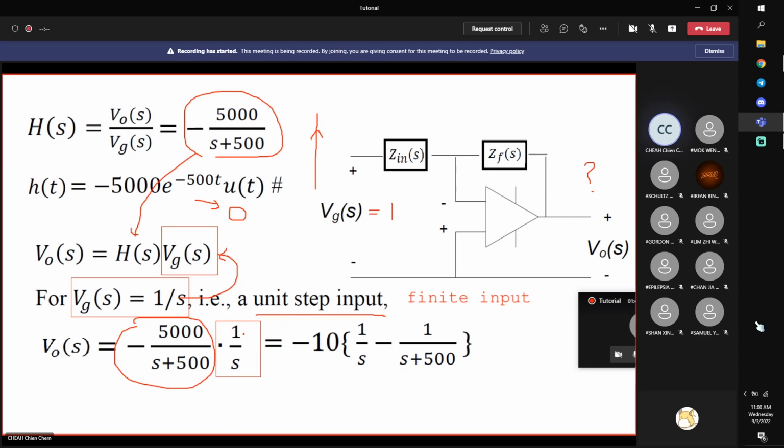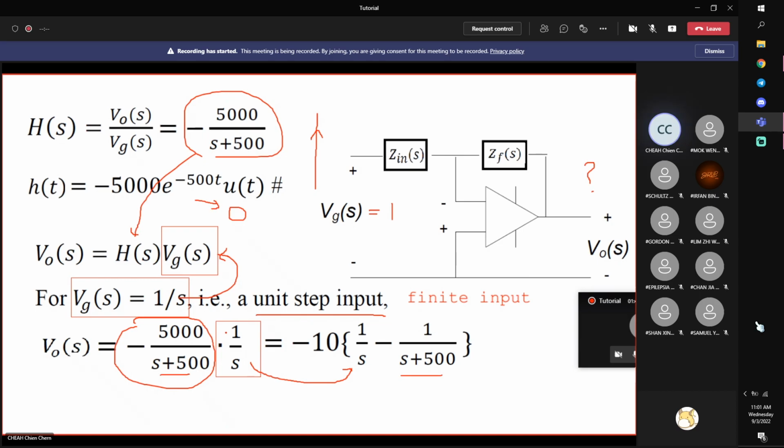Right? So the nice thing of the transfer function is that I can change this. And you can see that these terms, your forced input, your input to the circuit, will produce a DC output. 10 over S is actually DC. Okay, this is relating to your natural response of your circuit, right?